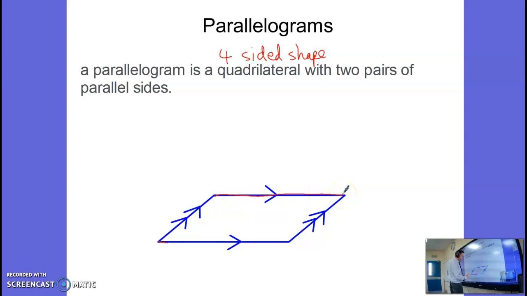So we've got this pair of parallel sides here, and they're indicated with a single arrow each to show that they're parallel. And then we've also got a second pair of parallel sides here. And because they are not going in the same direction as the red lines, we indicate them there with 2 arrows. So 2 pairs of parallel sides, that's what makes a parallelogram.